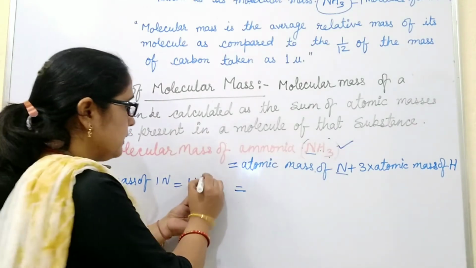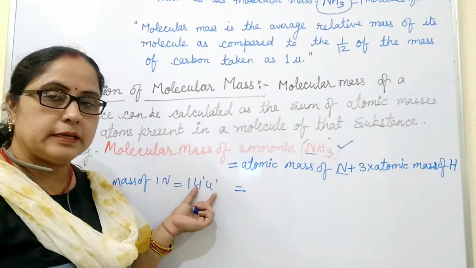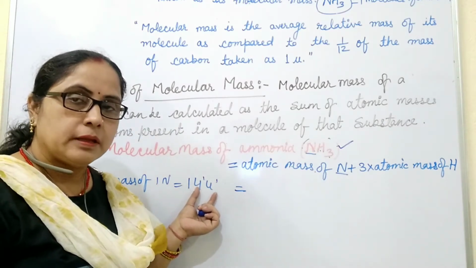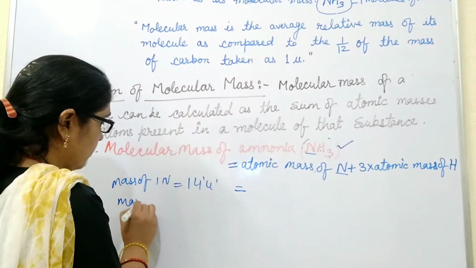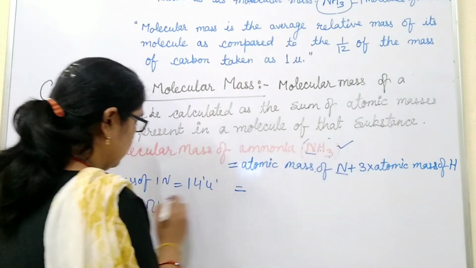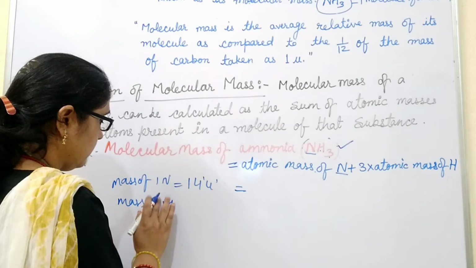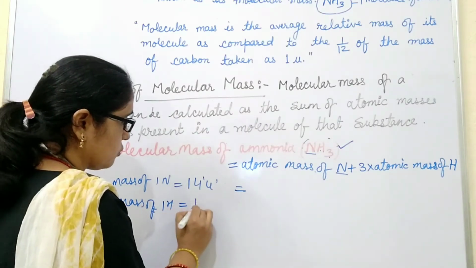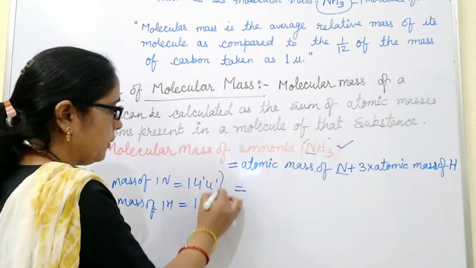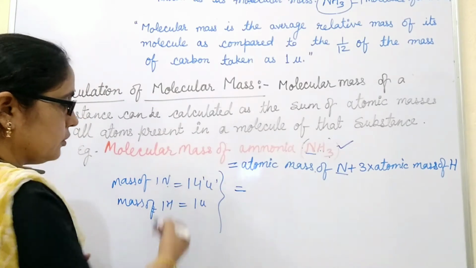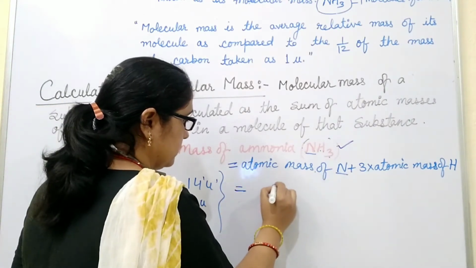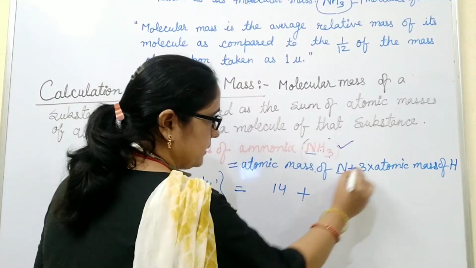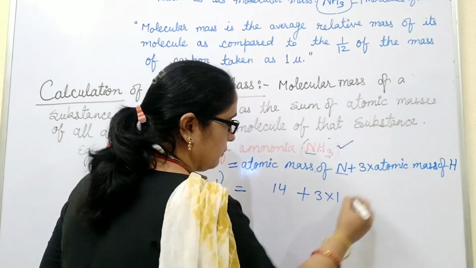This U means atomic mass unit. So it is 14 U, and the mass of one hydrogen atom is equal to 1 unit. When we put in the values of nitrogen and hydrogen, we get the mass of nitrogen, 14, plus 3 times the mass of hydrogen, 1.